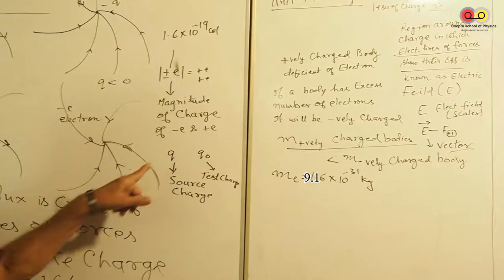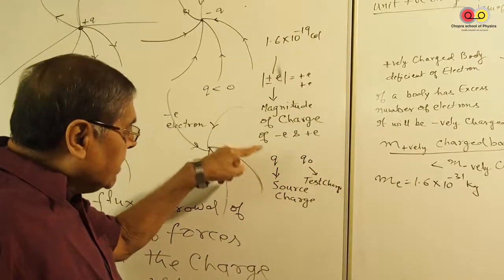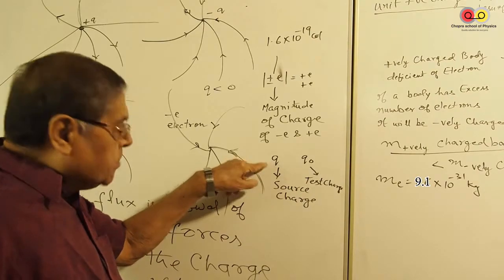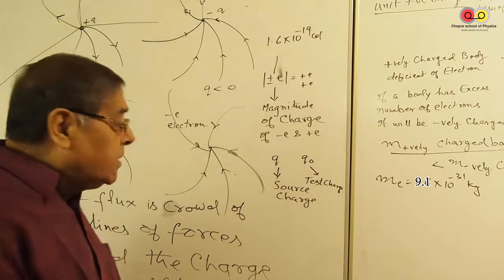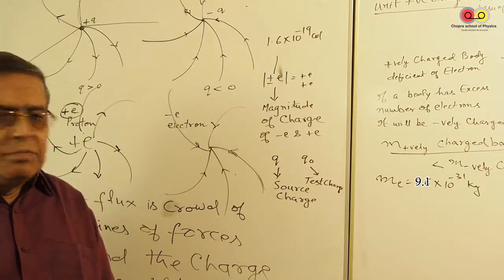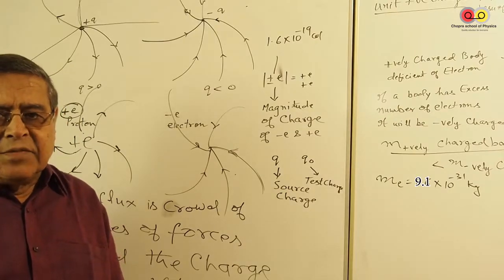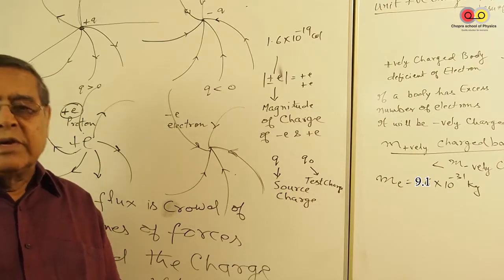Now the point to understand is that this source charge may be stationary or it may be moving. When it is stationary, it has one characterization, and if it is moving, it exhibits a different property. So what is the point to note?